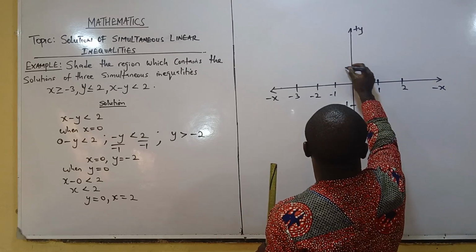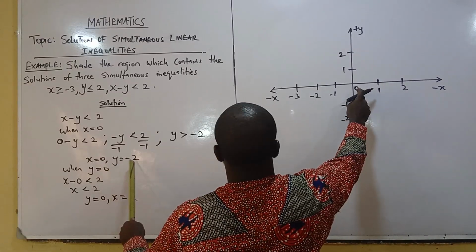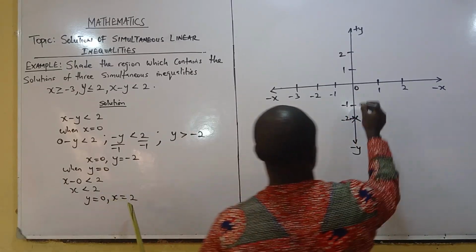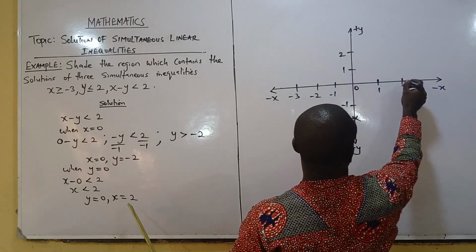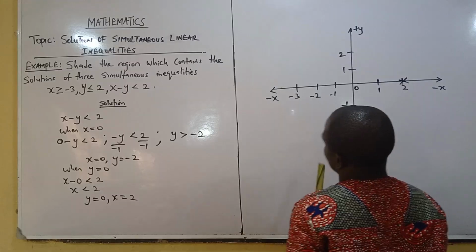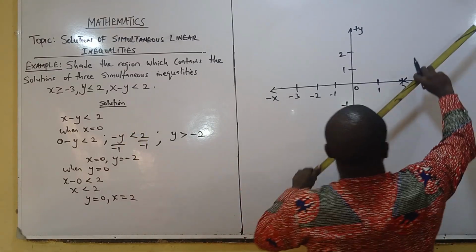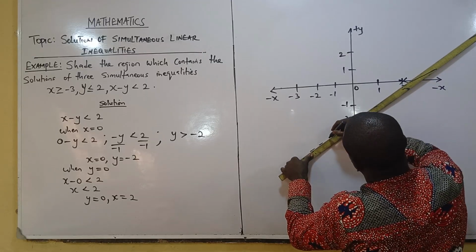Okay? You have 1, you have 2. When x equals 0, y is minus 2. State that. And when y equals 0, at this point, x equals 2. State that. Now, since you have less than, there's no equals to, use a dotted line. Use a dotted line to show it.